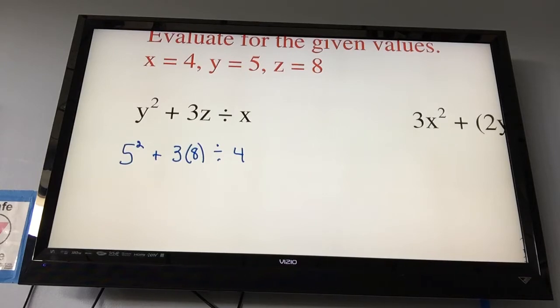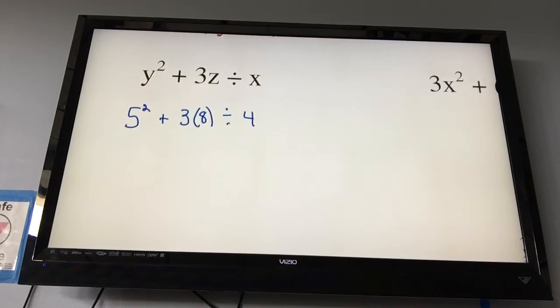Grouping symbols. Again, that 8 is not considered a grouping symbol there. That's a multiplication. So grouping symbols, none. Exponents, yes. 5 squared. So we're done with exponents. Now we have multiplication or division left to right.